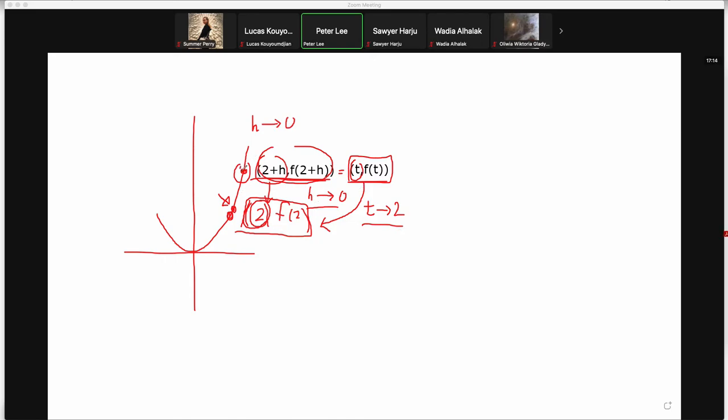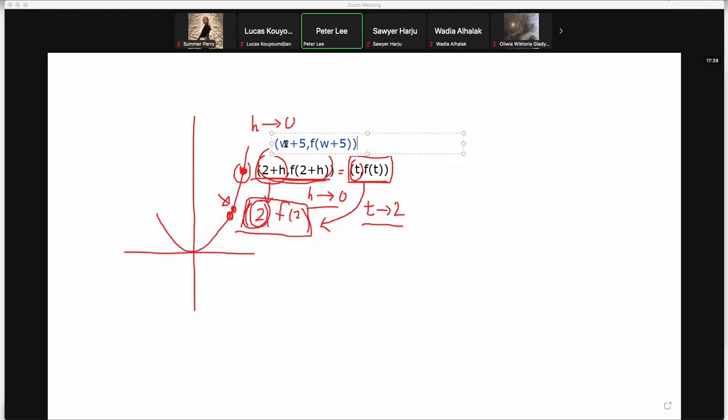Now, the same point out here, let's say this is a moving point. How about if I name this point w plus 5, comma, f of w plus 5, and the fixed point is still 2, comma, f of 2?